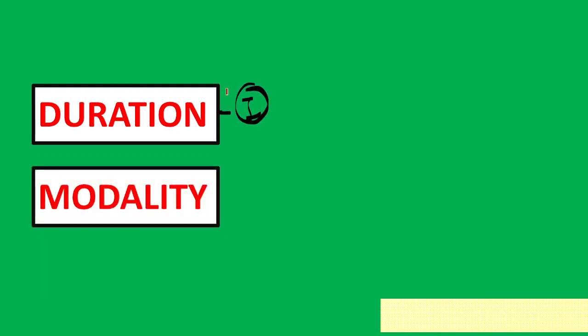First is the duration. Why we need the peritoneal dialysis, whether we need it for a long period of time, as occurs in chronic kidney failure, or we need the kidney function to be replaced for a short period of time. So based on the duration of the requirement, we can classify peritoneal dialysis.